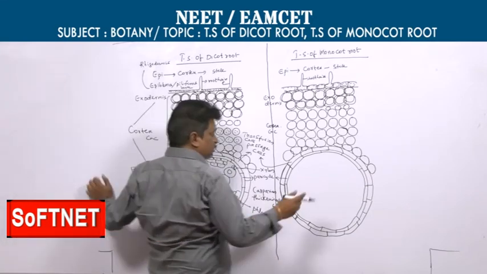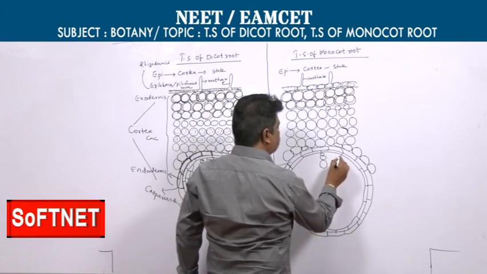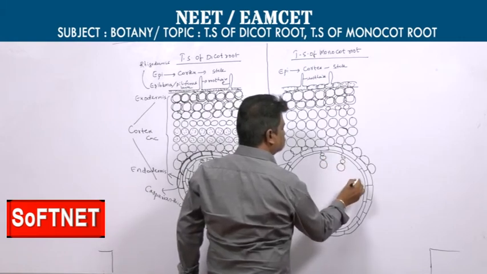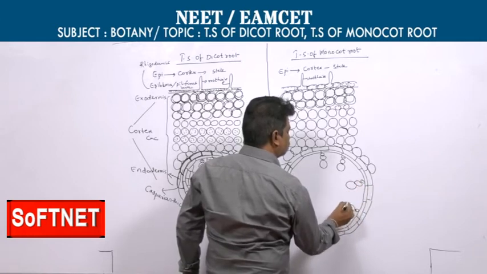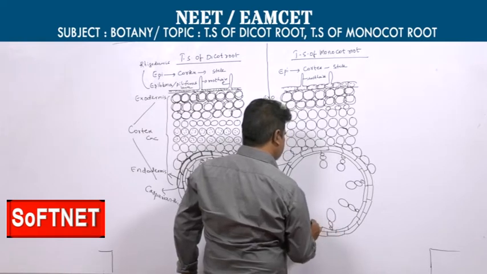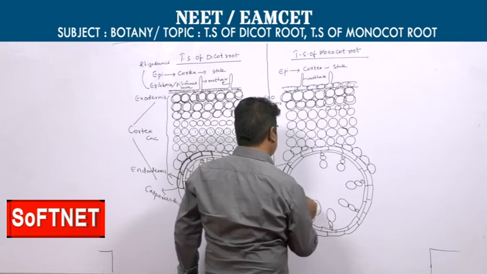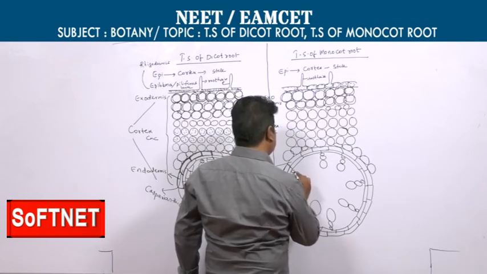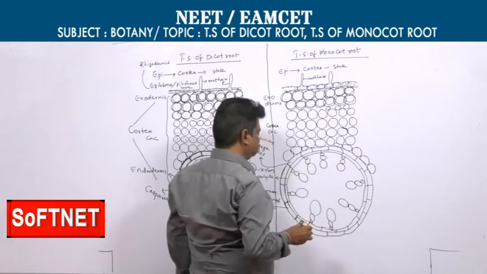So, the root character is that vascular bundles are radial, meaning xylem and phloem are separate, alternate, present on different radii.